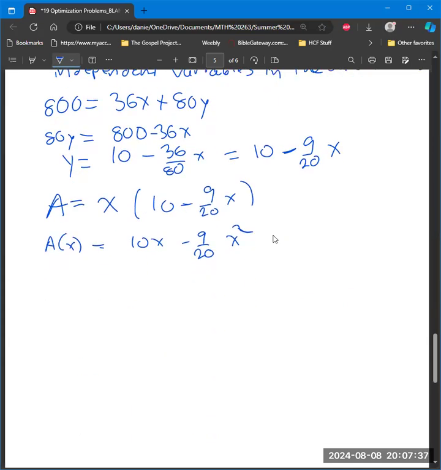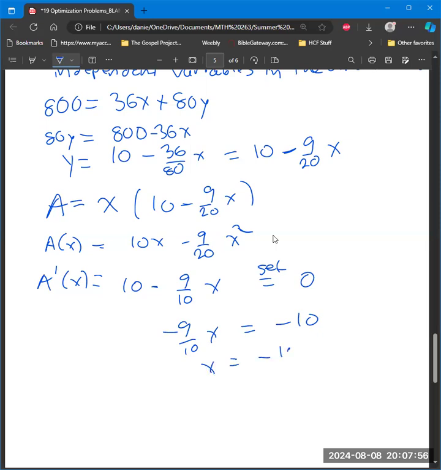Let's go ahead and find A prime of x, which is 10 minus 9/10 x. Going to set that equal to 0. Negative 9/10 x is equal to negative 10. X is equal to negative 10 over 1 times negative 10 over 9, which is 100 over 9.